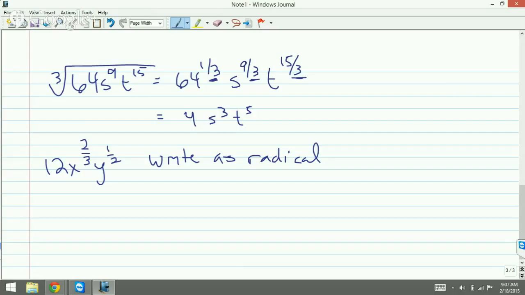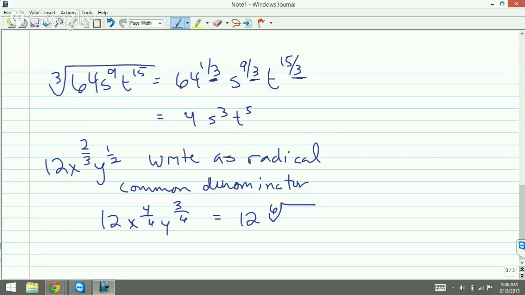Yeah, so we have to come up with the common denominator. So we would have 12x to the 4/6, y to the 3/6, right? And that would be 12 6th root x 4 y cubed. So all this is just an exercise in using your properties of powers and rational exponents.